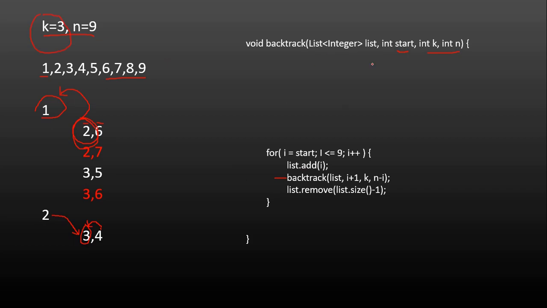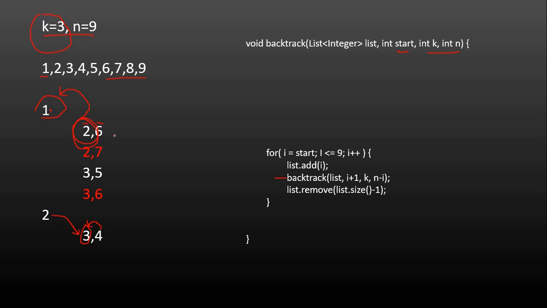So I'm having a list, I'm adding whatever numbers we are choosing into this list, and then again recurring with the same backtrack method, but this time I'm making sure that the start value is my current i + 1. So here if you see, we choose i as 1, and then the second digit will be the next digit of my first digit, right?